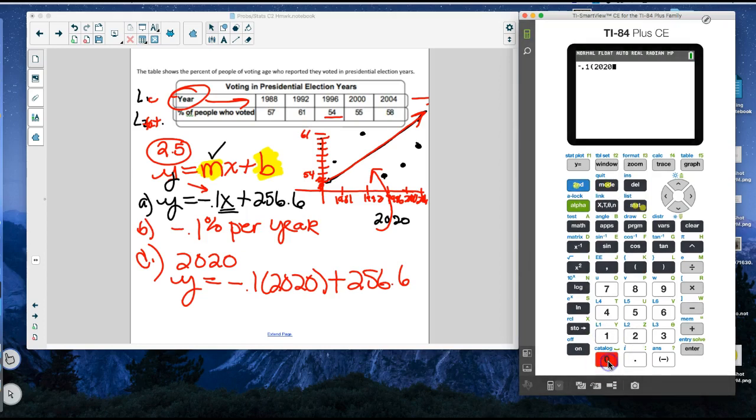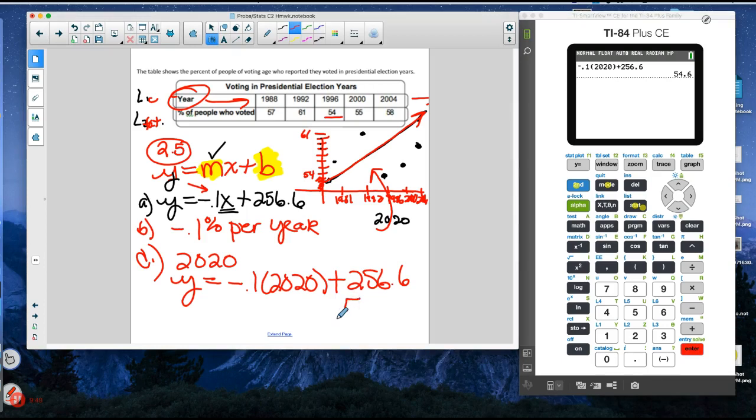So you always put what you're predicting it for, like what x value you're predicting it for, which in this case is years, in for the x in your equation. Plus 256.6 equals. According to my prediction, 54.66% of people will vote in this upcoming election. Okay, it's a prediction based on that line of best fit.